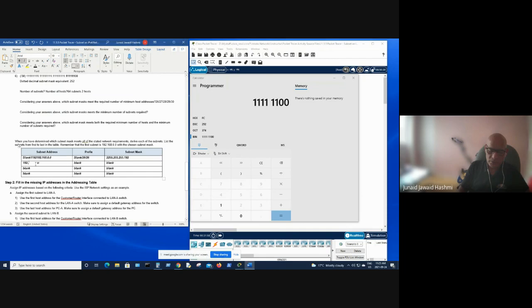192.168.0.64. Prefix would be 26, and the subnet mask would be the same for every subnet.